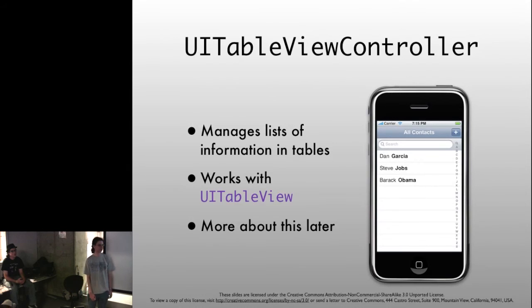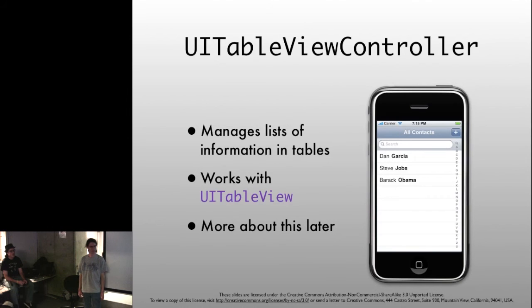If you were to just populate a table with these elements, instead of having this nice search icon, A through Z and then hash icon, you would get something that had a G up here, a J over there, and an O at the bottom, spaced out and looking kind of nasty. So you can pass in a list of things that you'd like to appear here. We'll talk in a lot more detail about table view controllers next week.